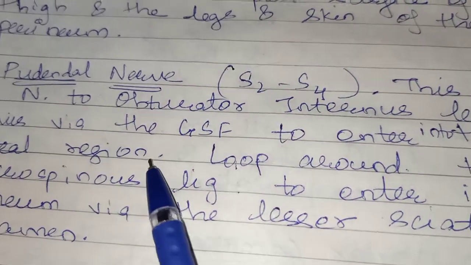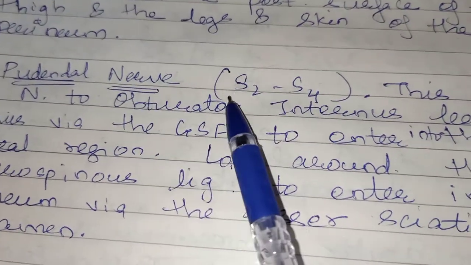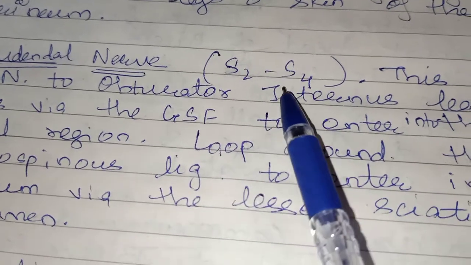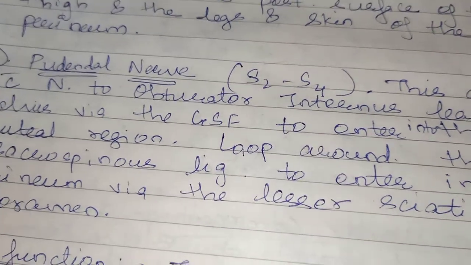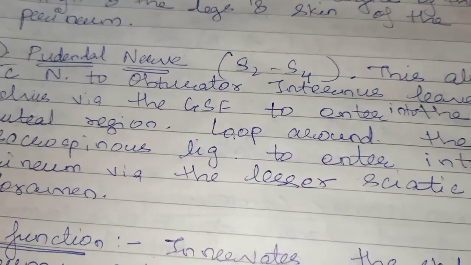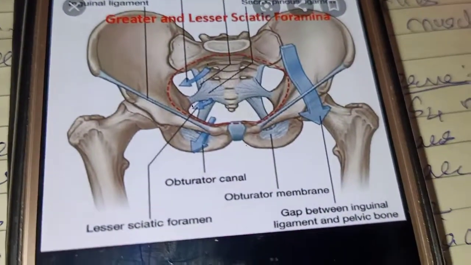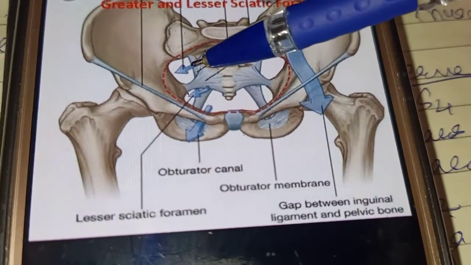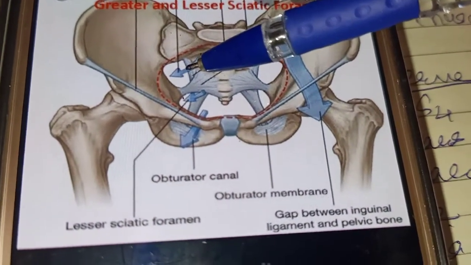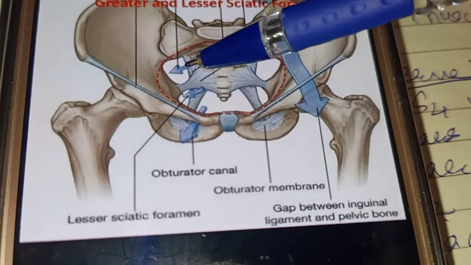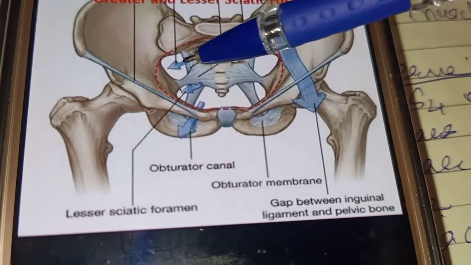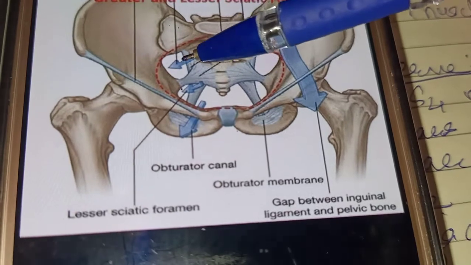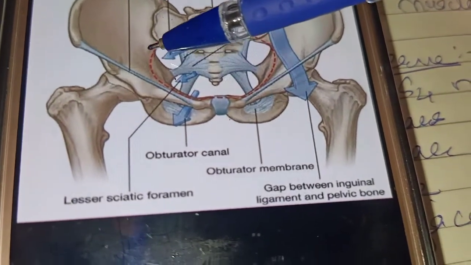What is the second course? This nerve arises from the nerve roots S2, S3 and S4. Then it enters the greater sciatic foramen and goes through the gluteal region.